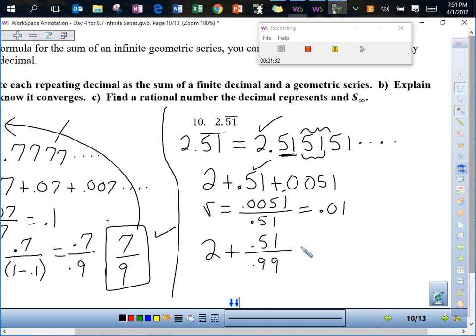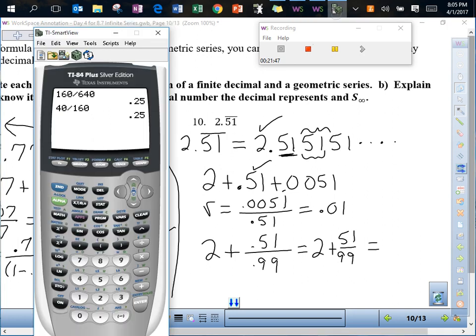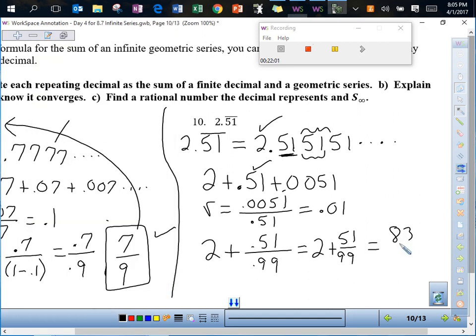So this really becomes 2 plus 51 over 99. So there's that decimal, so that looks good. Math, enter, enter. Here's my answer, 83/33.